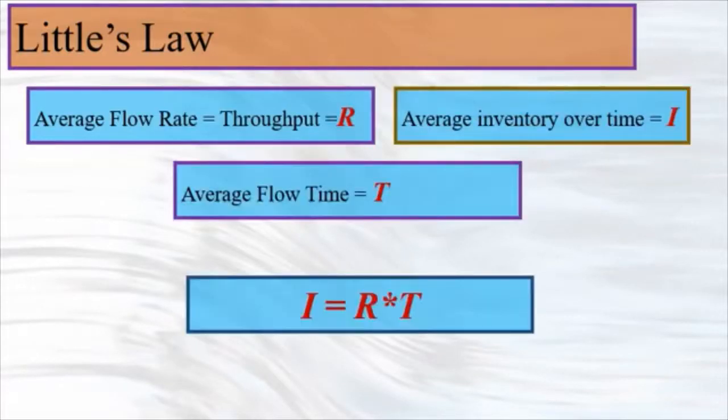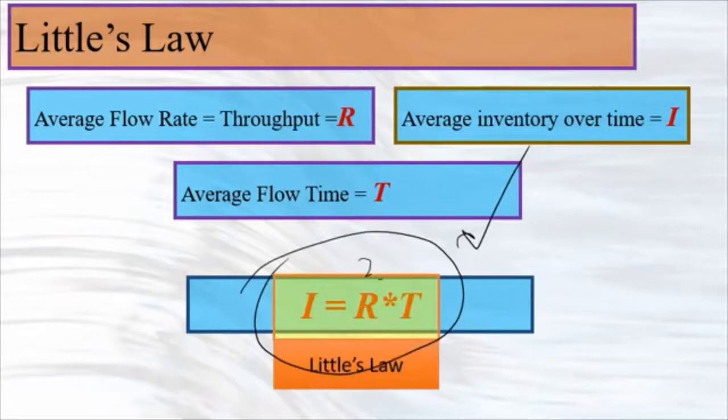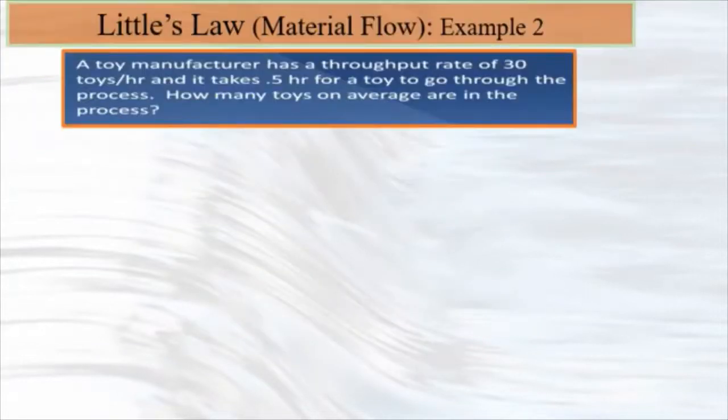Little's law is basically this very important relationship that relates R, T, and I. So whenever you have one of these three variables not known, you can calculate it using this equation. So let's see an example on Little's law. Now, this is the time when you should pause the video and read the example and try to do it on your own before you play the video again.